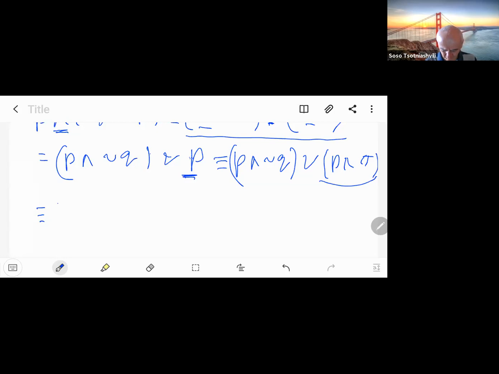And to be more clear, again I will compare it with ordinary arithmetic operations. So we have here P and not Q or true. Please look critically.